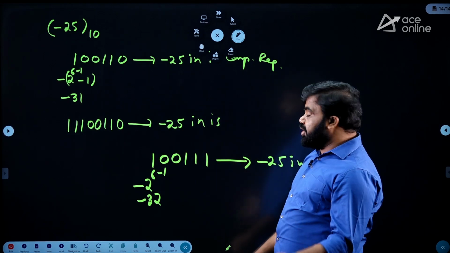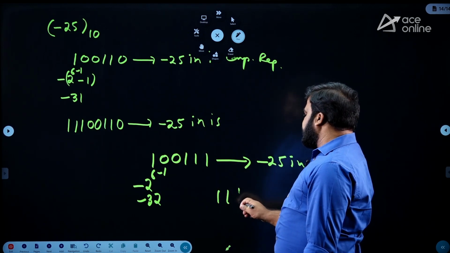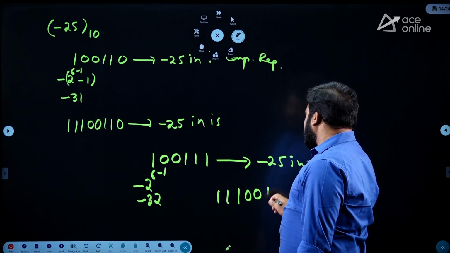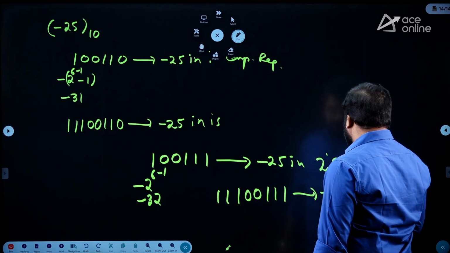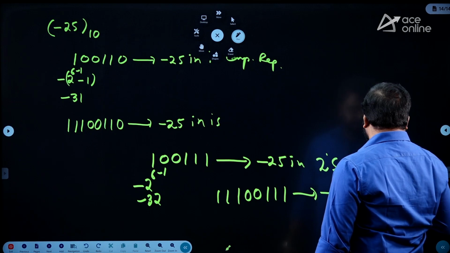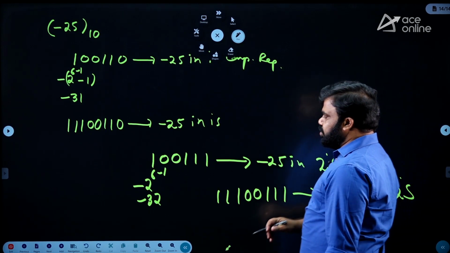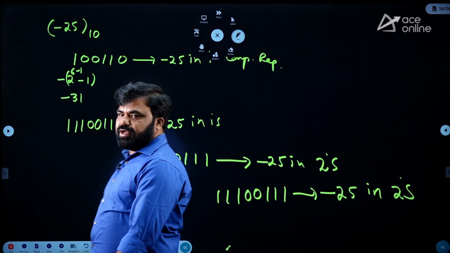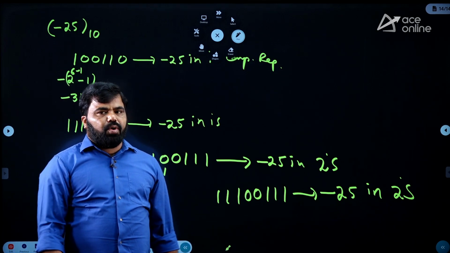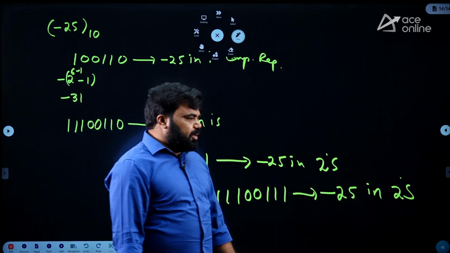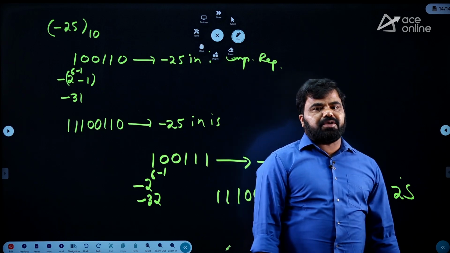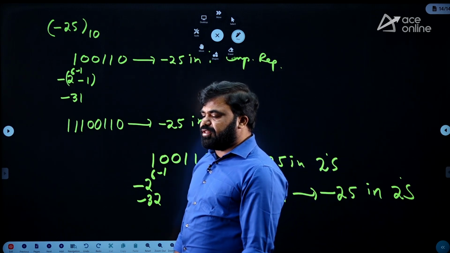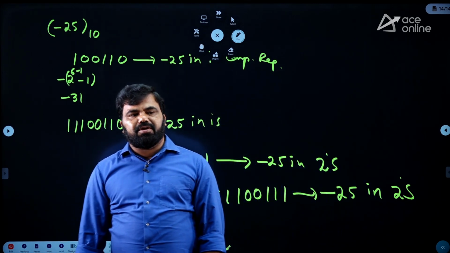If I want to get it using 8 bits, it means extending the MSB again. So sign extension I can apply to get minus 25 in 2's complement representation using 8 bits. So one process is taking complements, another process is representing using the minimum number of bits and then extending with the MSB.